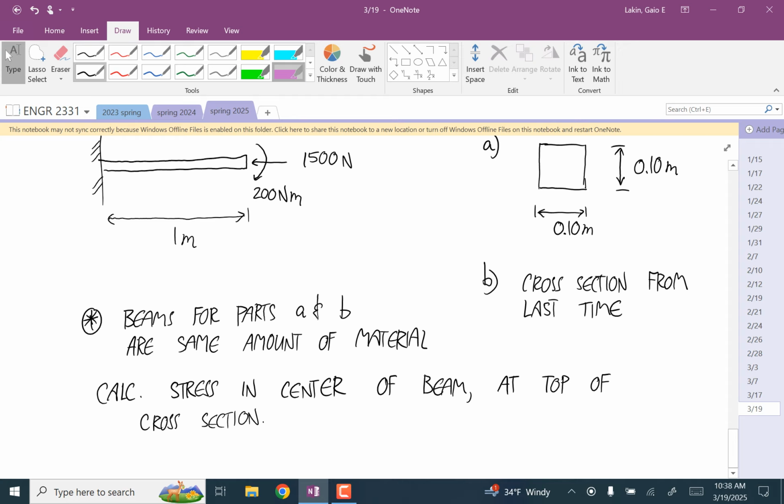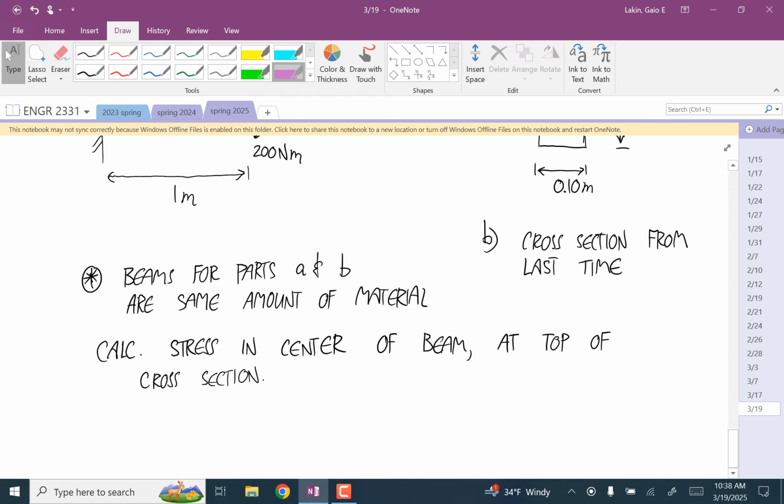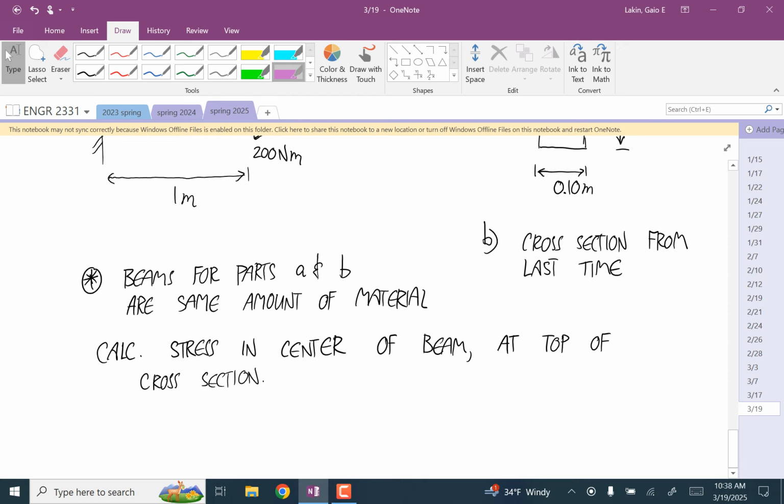Okay, are you picturing everything going on here? So what would you guess is going to happen here? How are these stresses going to relate to each other?